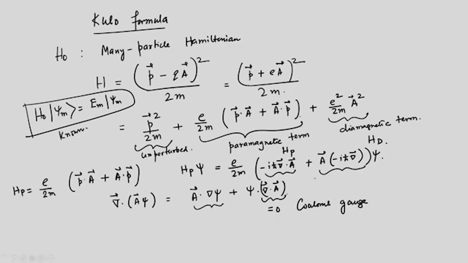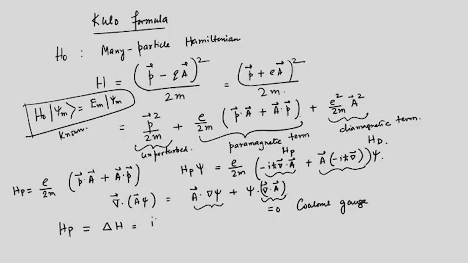So, with this minus i h cross adjusted there, these two terms can be combined, and one can write down just one term, this paramagnetic term, which now let me call delta h, or h prime, whatever you want to call it. It is that extra term whose effect needs to be considered.